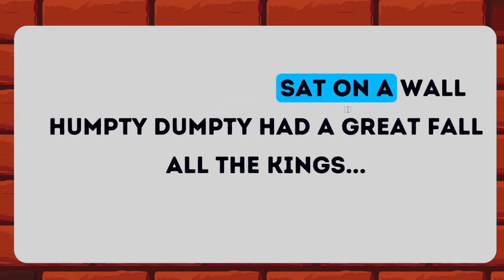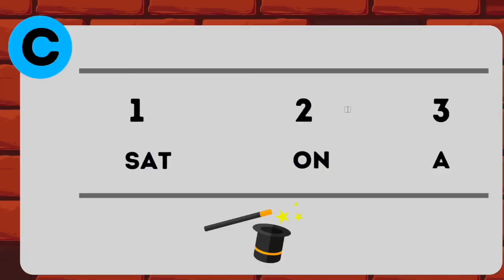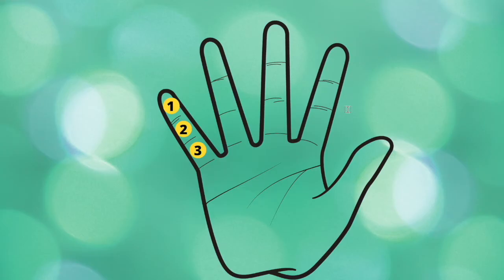And now we proceed on to group C and it just follows the same pattern. Sat now becomes the first word, on becomes second word, and the third word is A. If we move to group D, on would be the first word, A would be the second word, and wall would be the third word. So you can see now the sequence and the pattern.